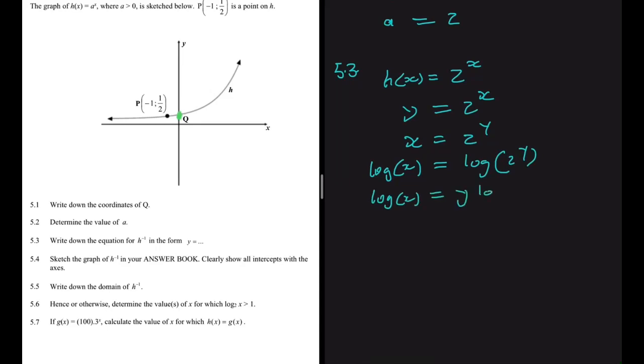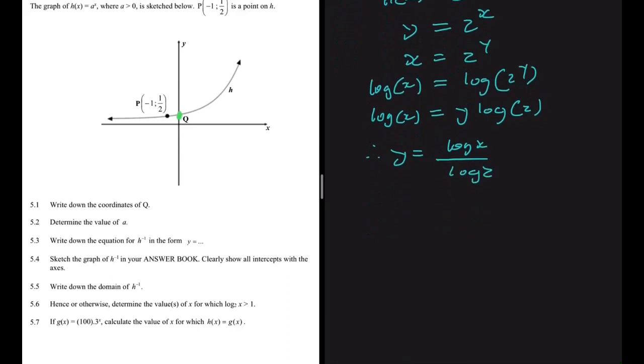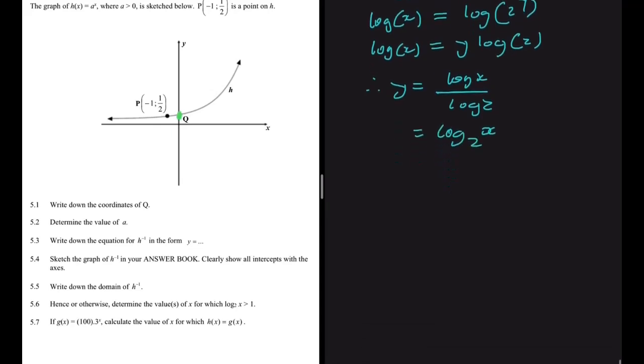And then log of 2. Now we're just dividing both sides by log of 2, so we're going to end up having y being equal to log of x divided by log of 2. And this will all be equal to log of x base 2. And just like that, we have our inverse, right?